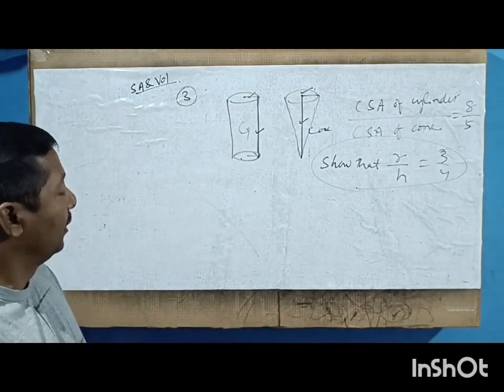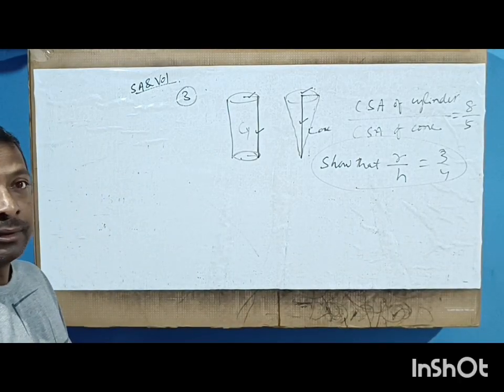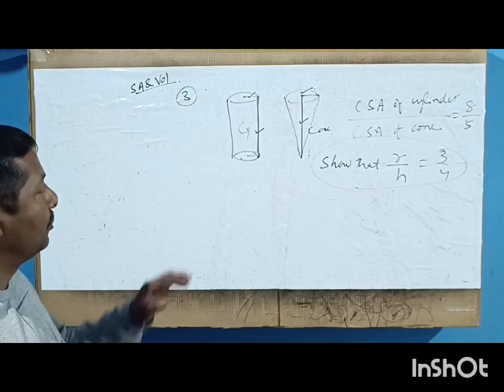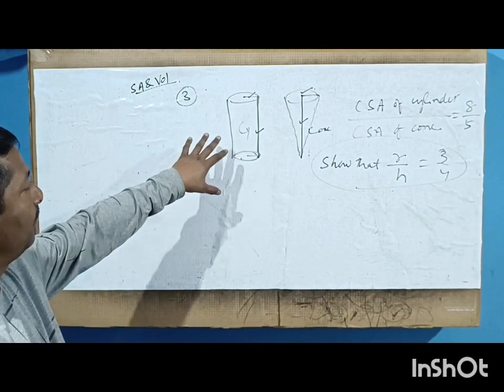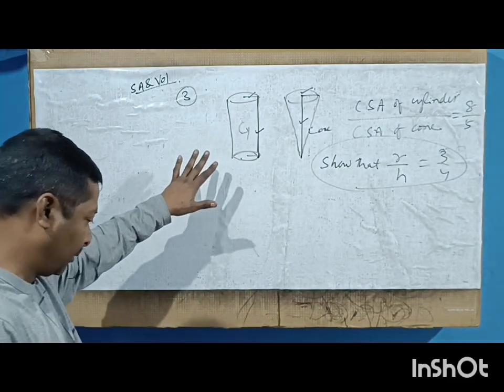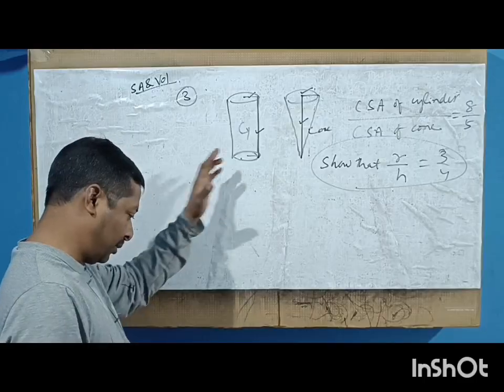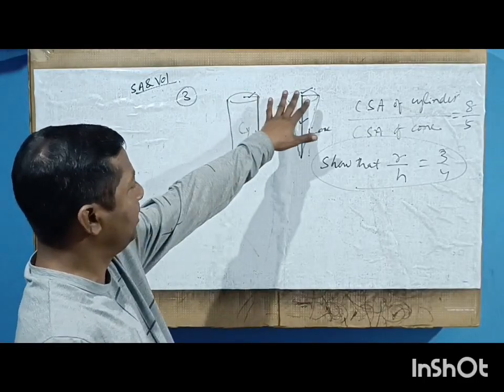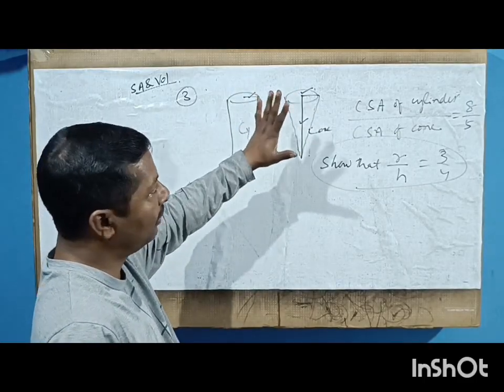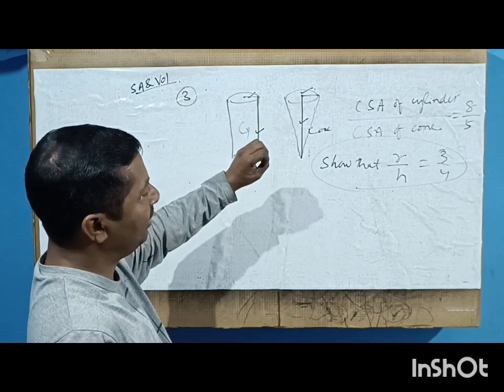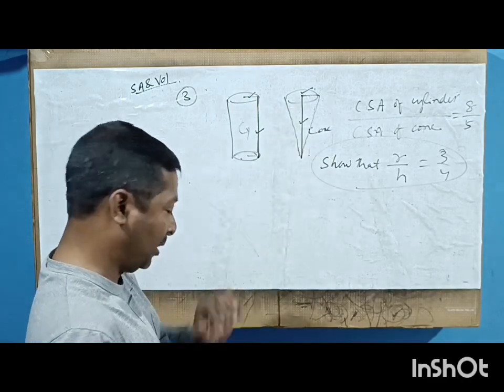Okay. So listen to the question again carefully. A right circular cylinder is there and a cone is there having the same bases and same height. And the curved surface area of cylinder and cone is 8:5.